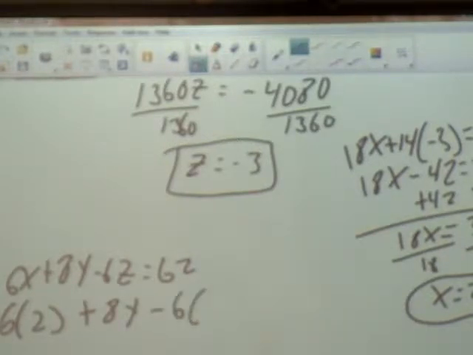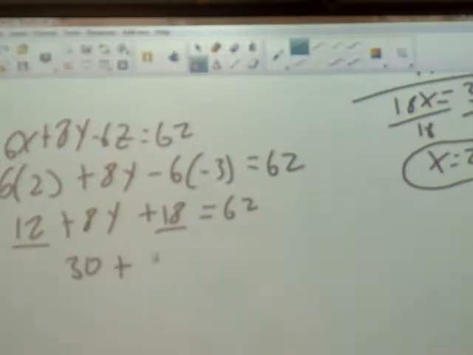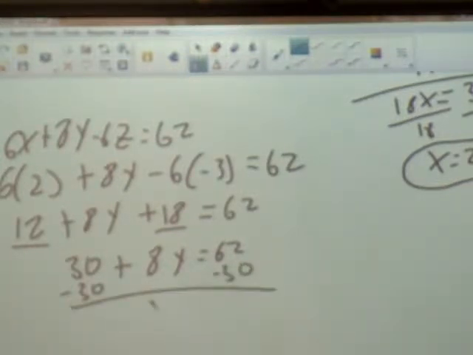Minus 6 times negative 3 is equal to 62. 12 plus 8y. A negative times a negative makes a positive 18. I have like terms, 12 and 18, so that's 30. Stephen found his mistake, good job. Subtract your 30. 8y is 32. So there's your y.